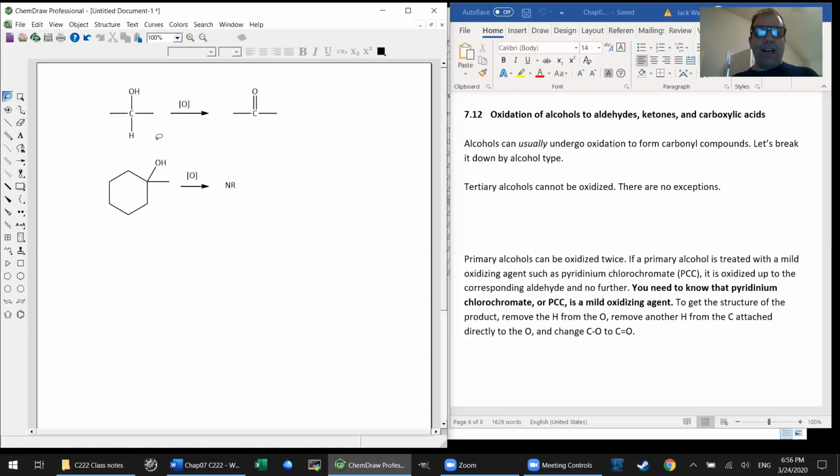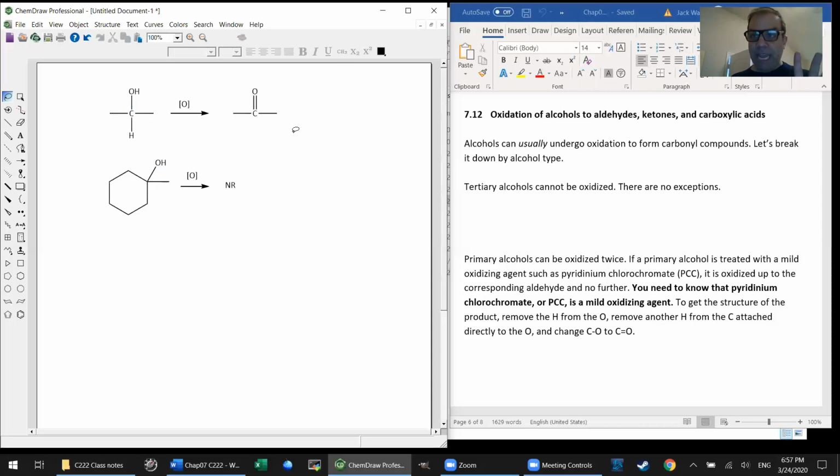And alcohols can be oxidized to carbonyl compounds usually, as I pointed out in the class notes. And the condition for whether that will happen or not is we need to have at least one hydrogen directly attached to the carbon bearing the OH group.